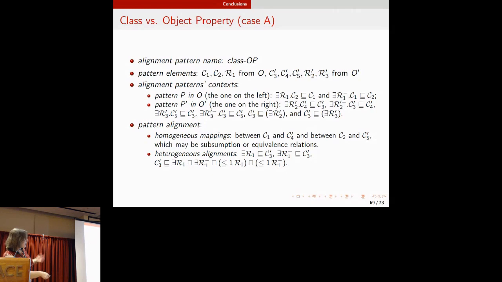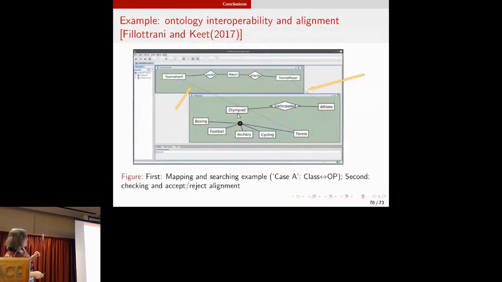A heterogeneous alignment is generally composed of a combination of homogeneous mappings between the same kind of things, between a class in one ontology and a class in the other ontology. Then we have some heterogeneous ones at the bottom, so that you can match those things. Here we have a picture as well, not a bio example, but a generic one with a tennis ontology and a sports ontology.